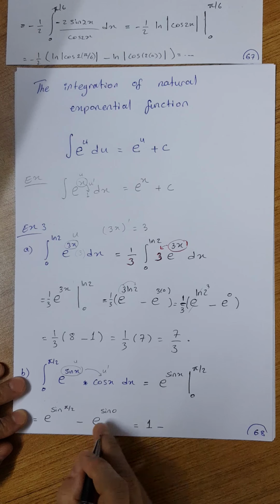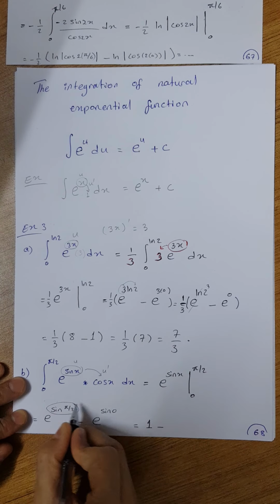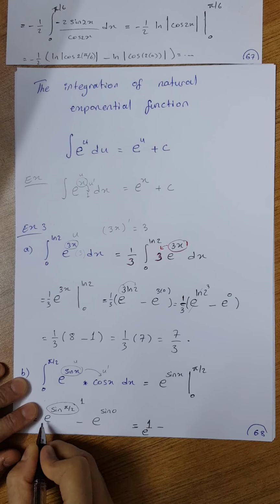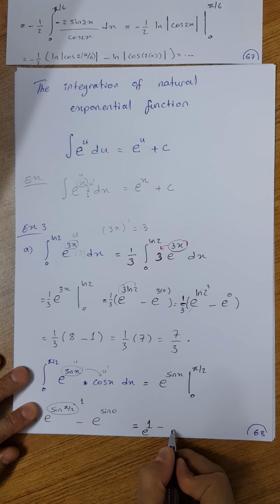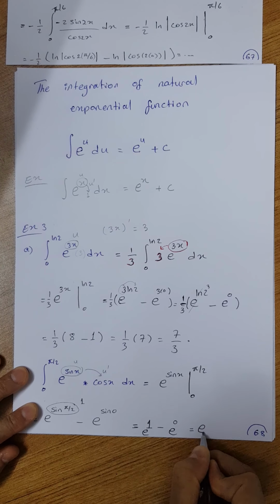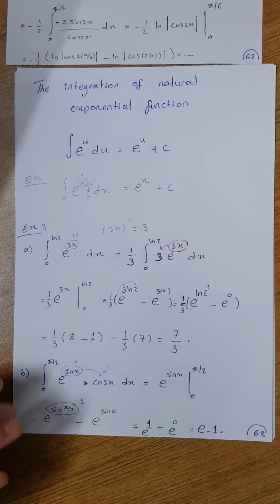So that will be e to the power of 1 minus e to the power of sine of 0, which is 0. E to the power of 0 is equal to 1, and that will be the required result.